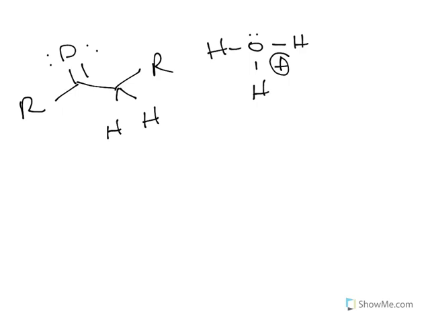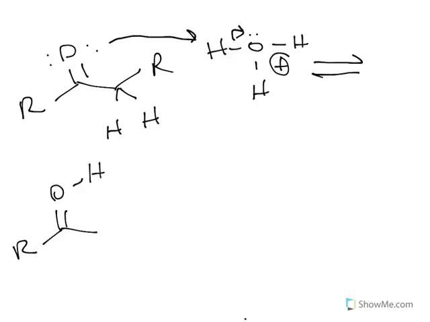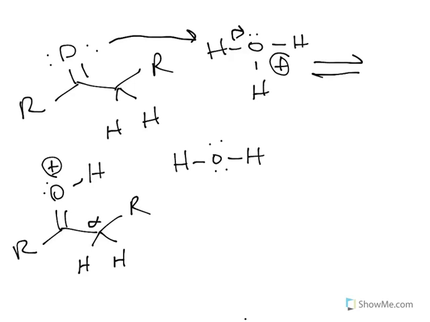In acid, what I can do is protonate the carbonyl. We've seen this before, and this is a reversible process. Now I have water, and the water will actually attack one of the hydrogens at this alpha position that I've just marked here.